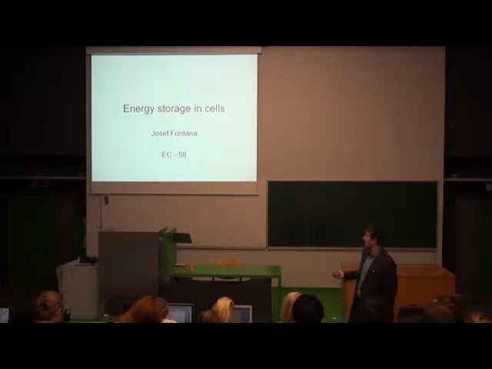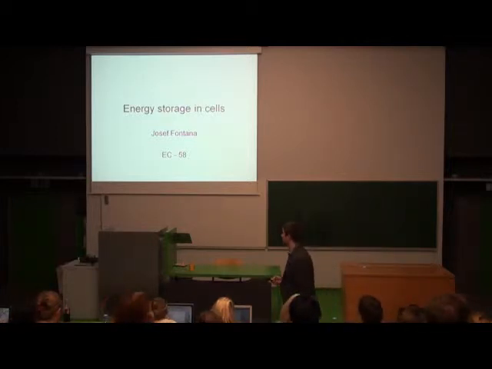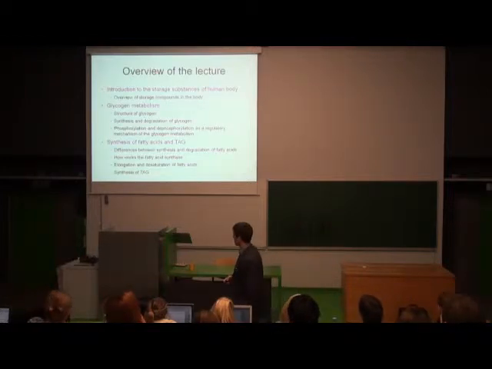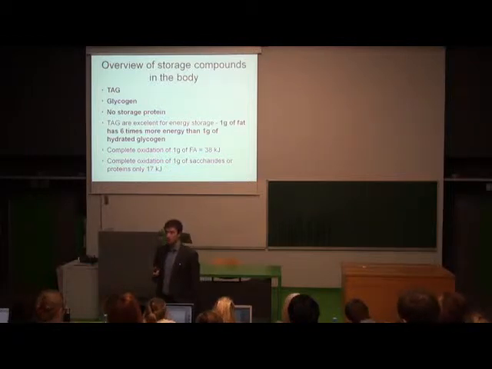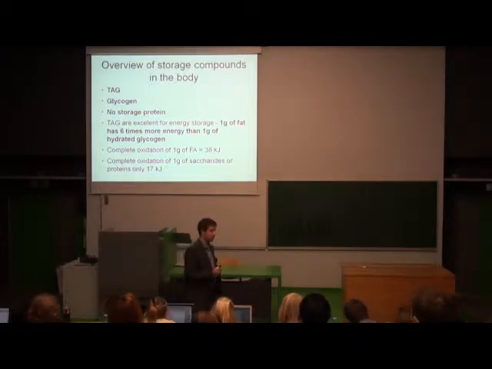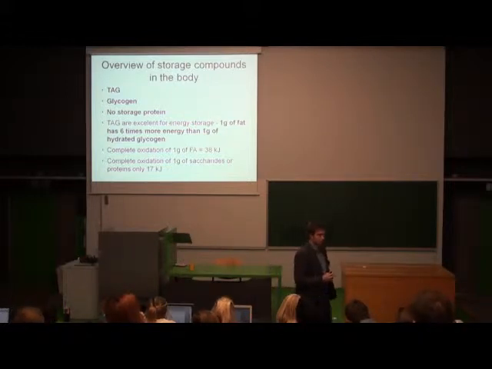But at the beginning, I should tell you something about the storage compounds that we have in our body. In our body, we have two main storage compounds, triacylglycerols in adipocytes and then glycogen.